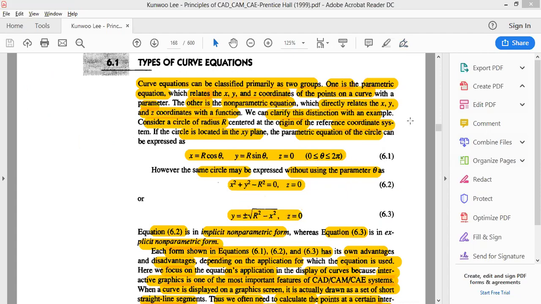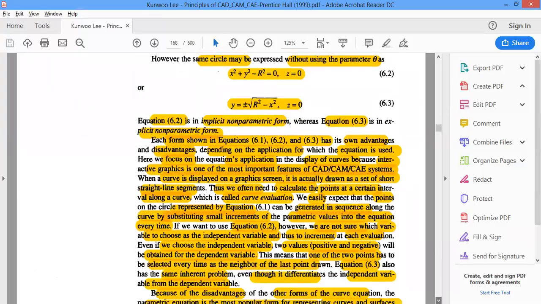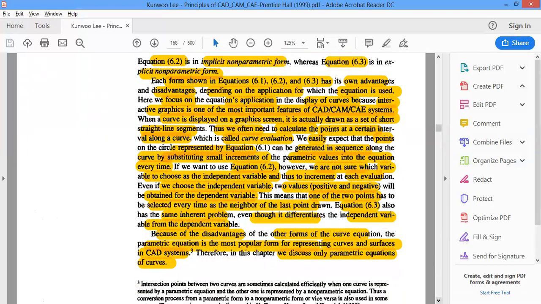Okay, so now let us go to a few more things. We generally make use of the parametric form of equations, that is x is equal to r cos theta, y is equal to r sin theta.